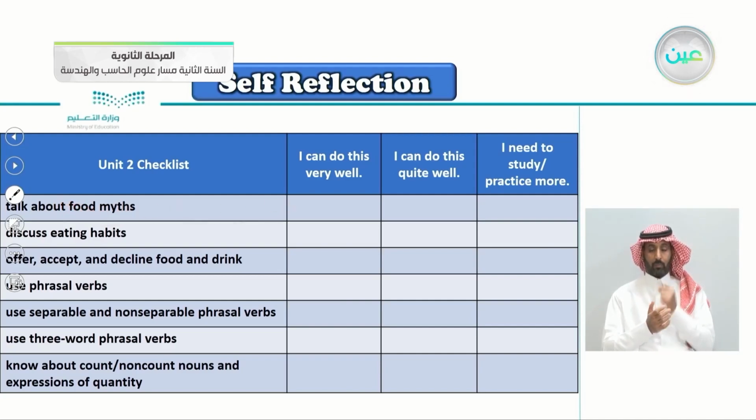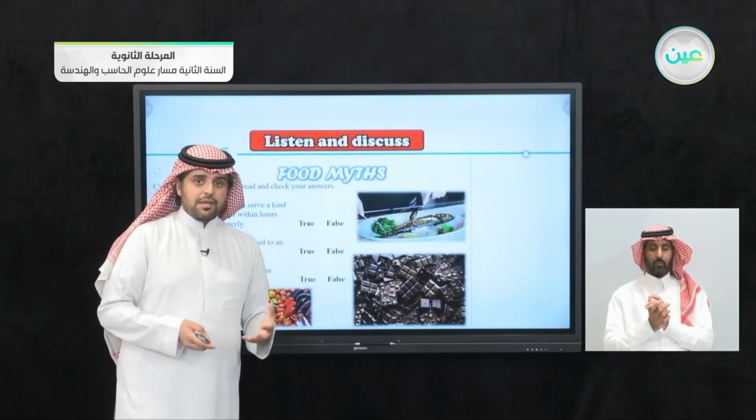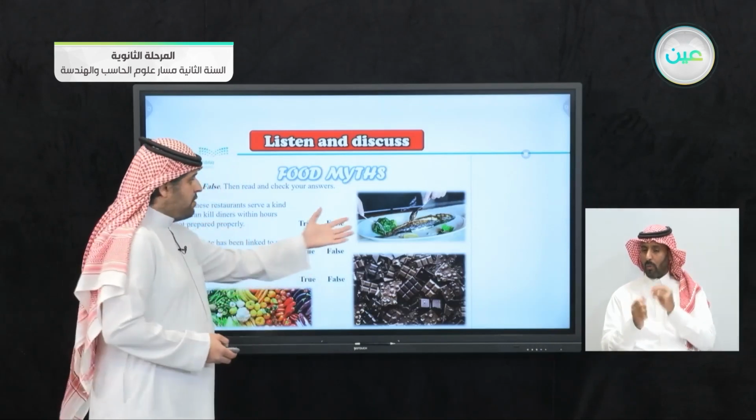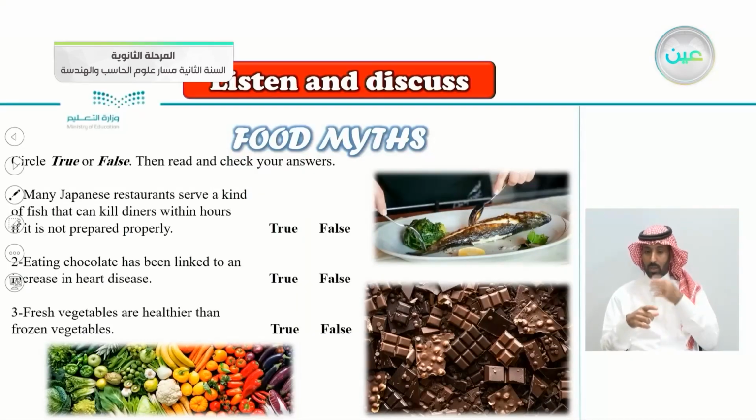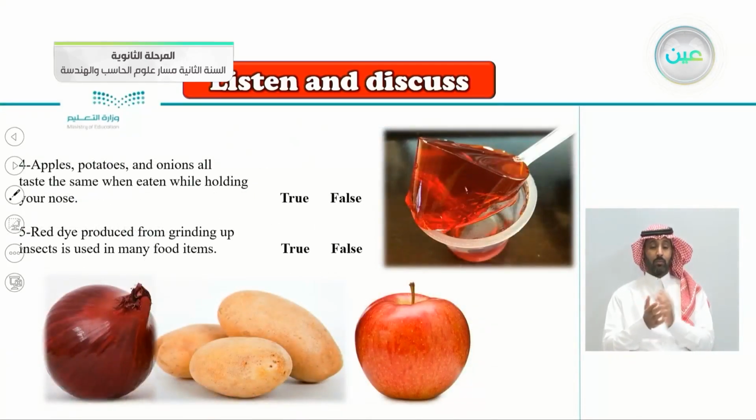Talk about food myths. If you remember the first lesson, we talked about some myths about food, like the fish in Japan, and the chocolate, and the frozen and the fresh vegetables, and how apples, potatoes, and onions all taste the same when eaten while holding your nose.